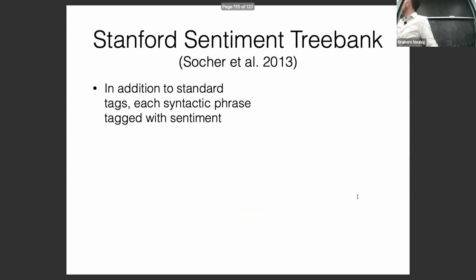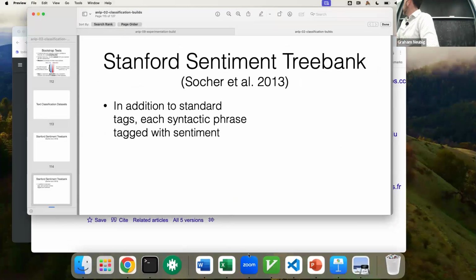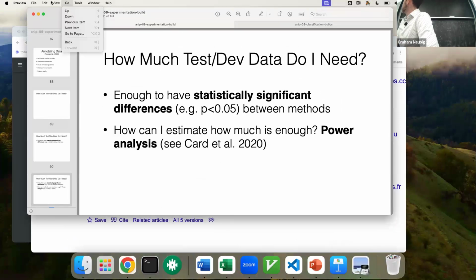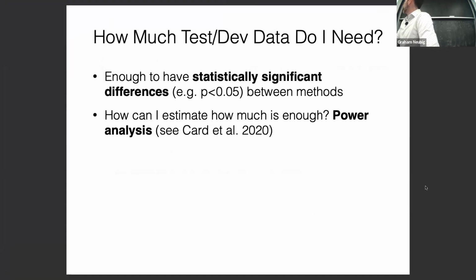Okay, sounds good. So now let me go back to the actual slides for today. And given those results about statistical significance, how can we estimate how much testing data is enough? There's a method called power analysis that allows you to do this.